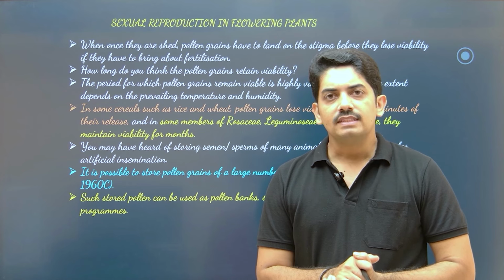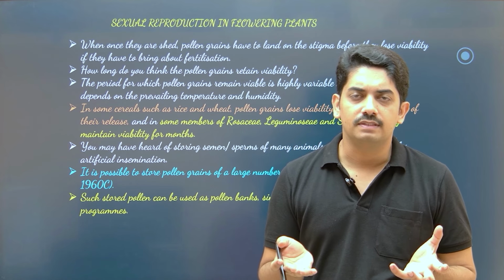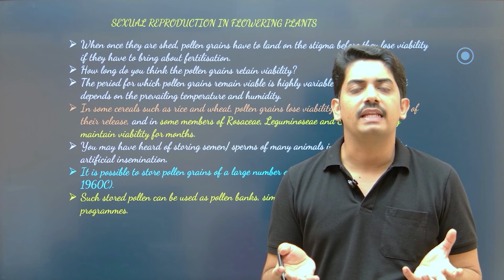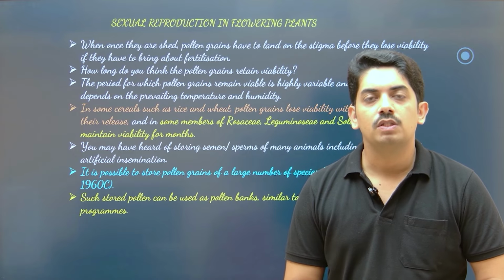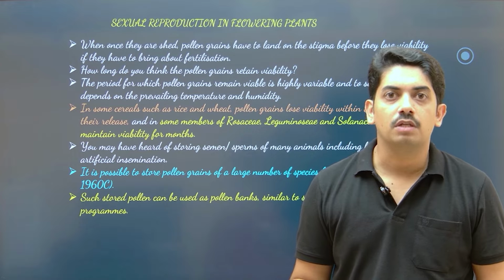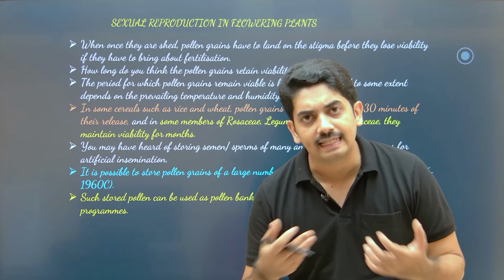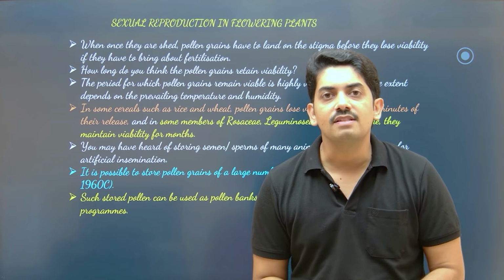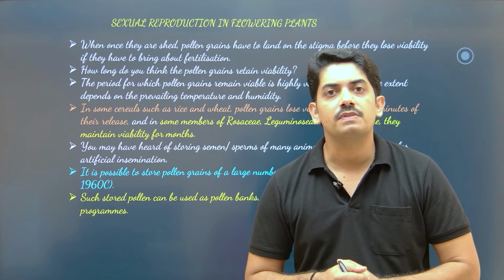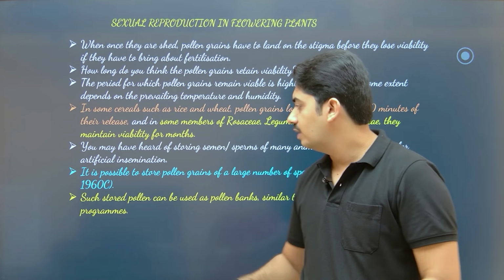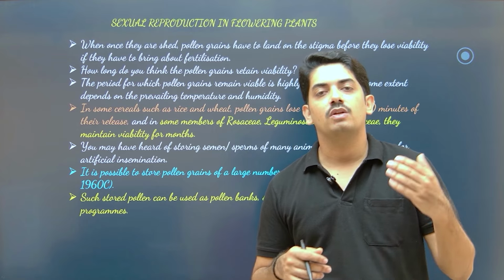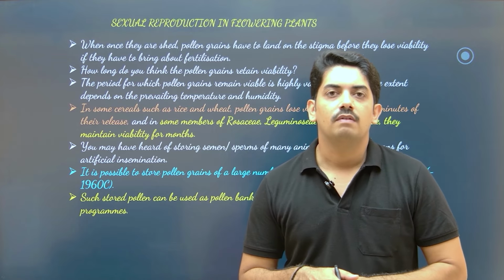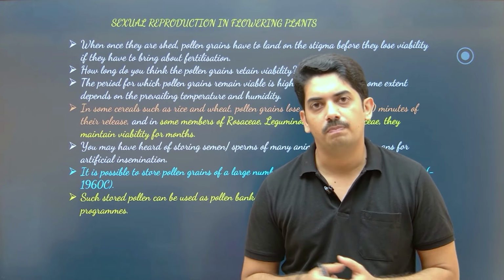See, genetic resource of any plant is very important for any country. So sometimes what happens, because of over exploitation, a plant may undergo complete extinction. How do you conserve the genetic resource of such plants? You can store their pollen grains in pollen banks, and whenever it is required, you can go for tissue culture where you can produce the new plants.